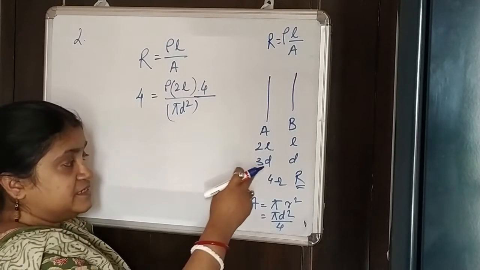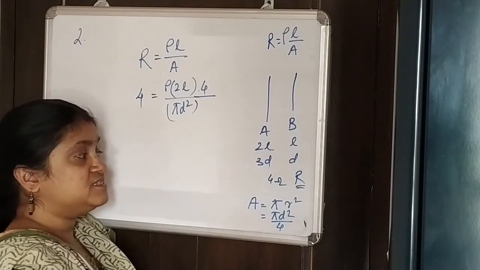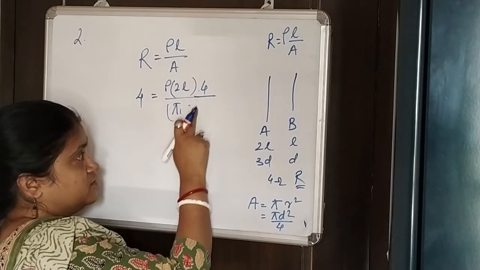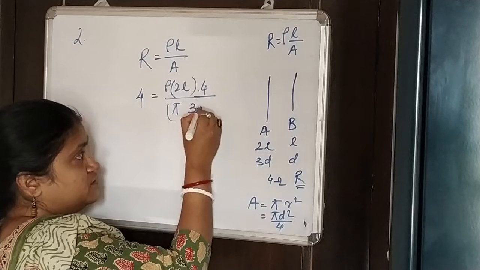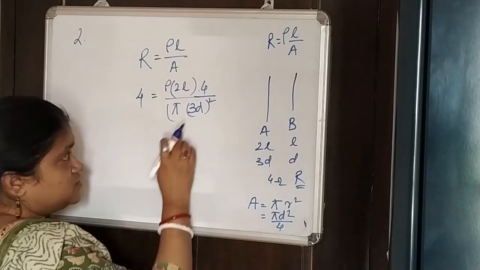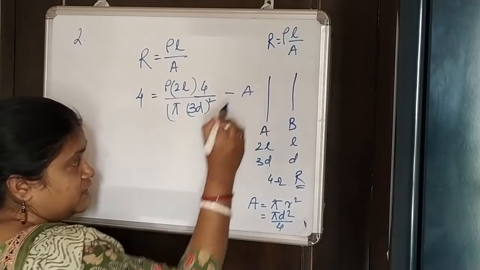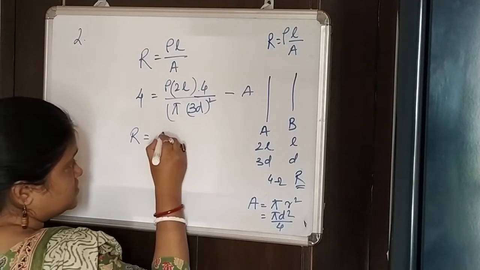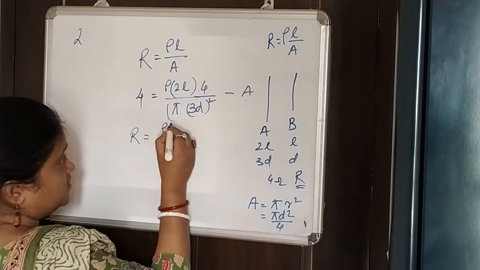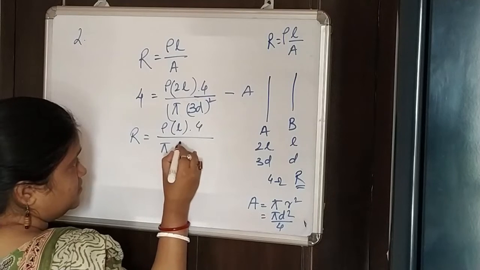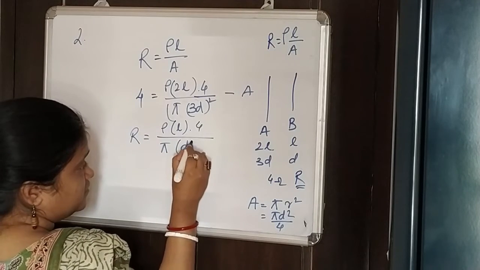But here d is 3d. In place of d we have to write 3d whole square, right? So this is for A. For B, resistance is R, L into 4 by pi d square.